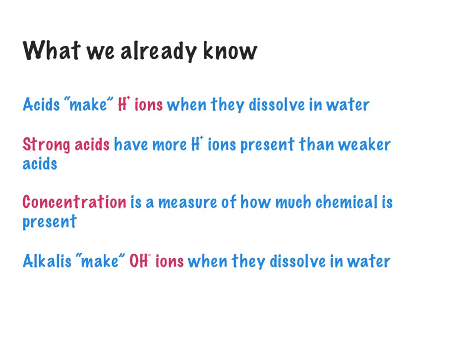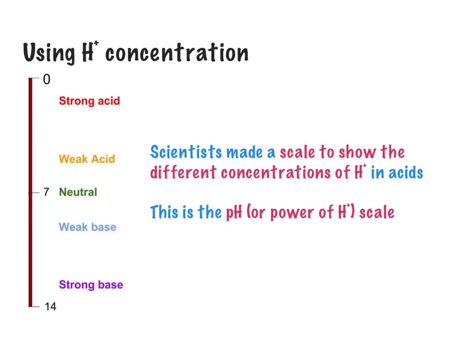And not to leave bases and alkalis out, we decided that alkalis were all about making OH minus ions in water. As we'll find out, this becomes really important when we do neutralisation. But more about that later. So let's concentrate more on the pH scale. We use the H+ concentration, or the amount of H+, to help us understand what's going on.